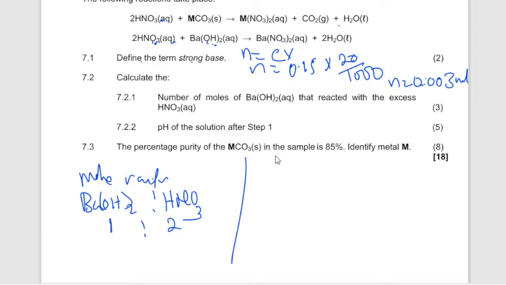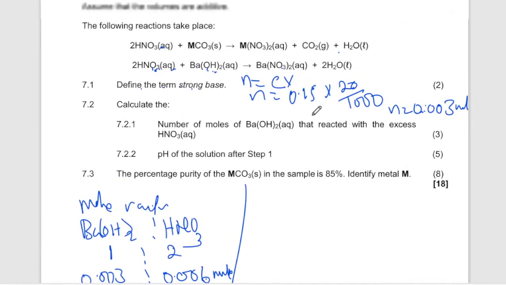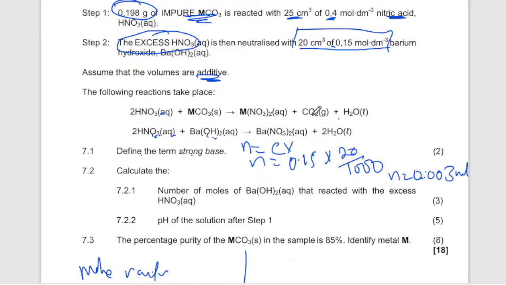So what we're going to do is bring our barium hydroxide 0.03, times 2. So you have to multiply. It's going to be 0.006. So this is the number of moles of nitric acid which reacted with barium hydroxide.